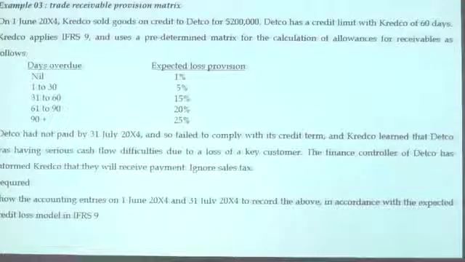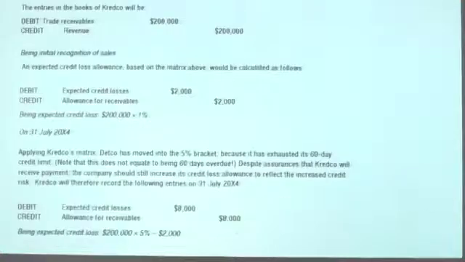Then when it completes the 60 days, it automatically goes to the second level of bucket. Then you need to make a provision of 5%. 5% of 200,000 is 10,000. But you already made a 2,000 provision. Therefore, you need to make an additional 8,000 provision at the 60 days end. Is that clear?